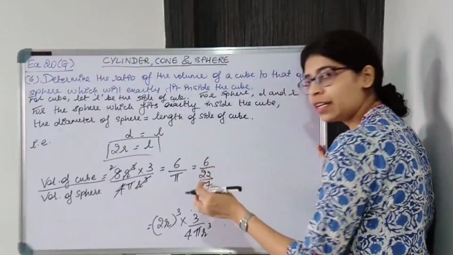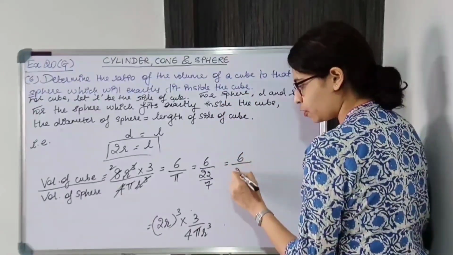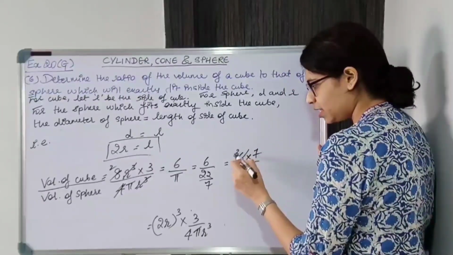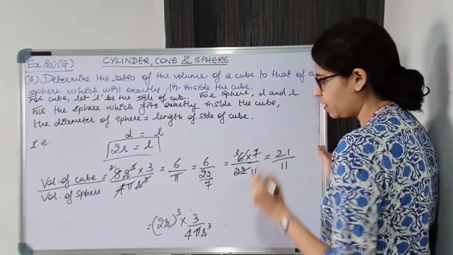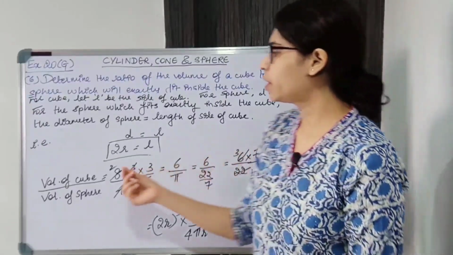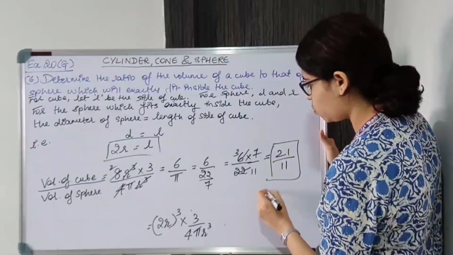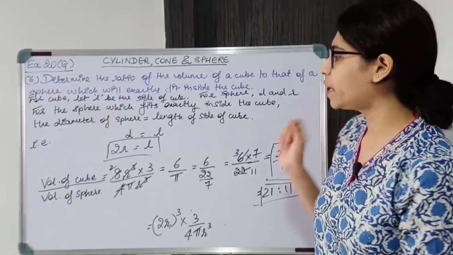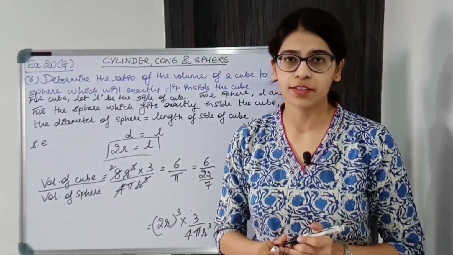Denominator's denominator goes in the numerator, so that is nothing but 6 upon 22, and 7 will go in the numerator. 2 3s are 6, 2 11s are 22, so this is 21 upon 11. So volume of cube upon volume of sphere is 21 upon 11, or you can write it like this, 21 is to 11. Okay, so we have to write the final statement: volume of cube to that of sphere is equal to 21 is to 11.